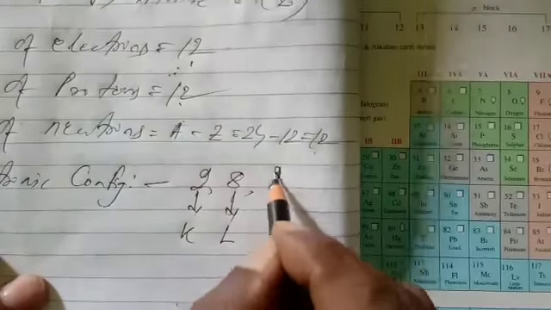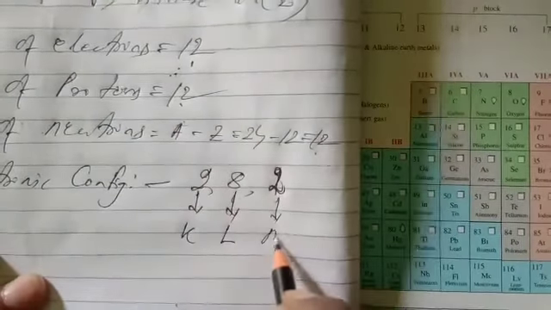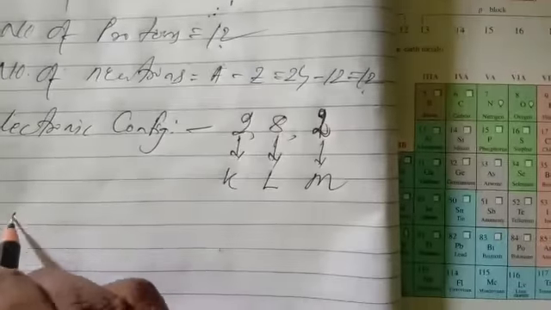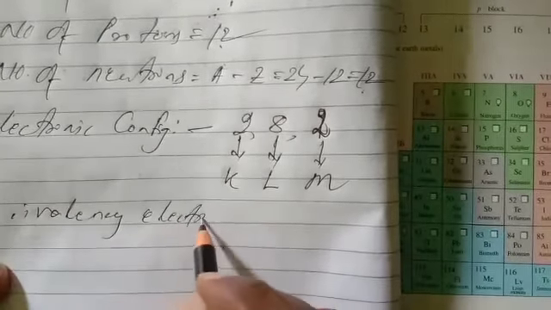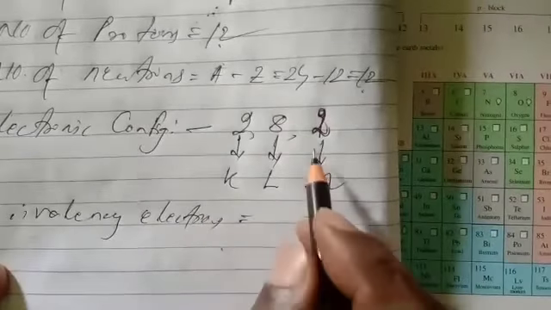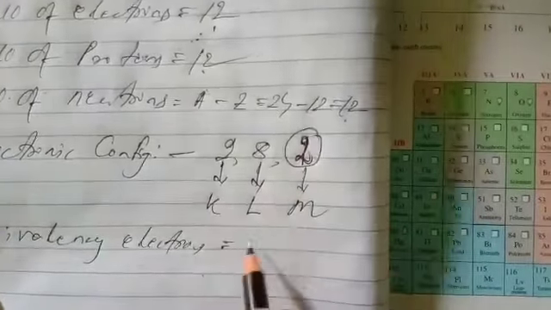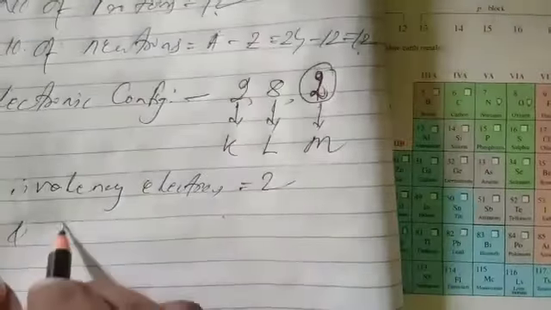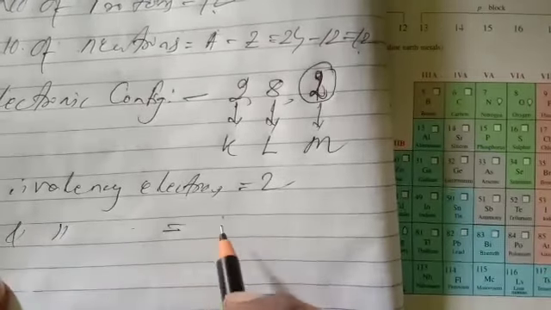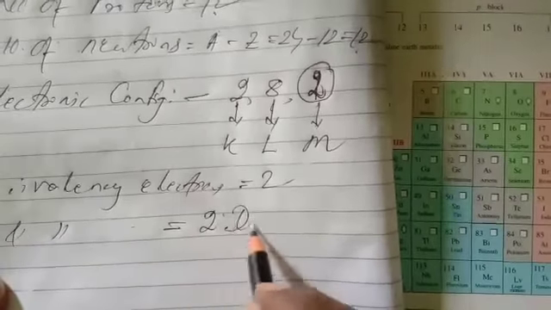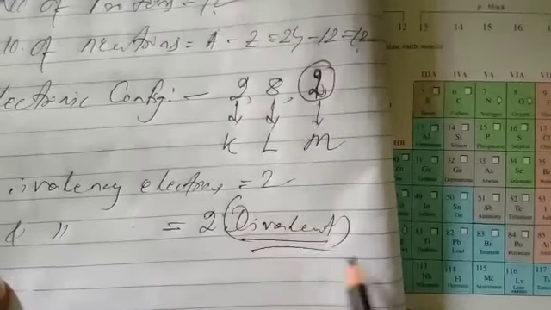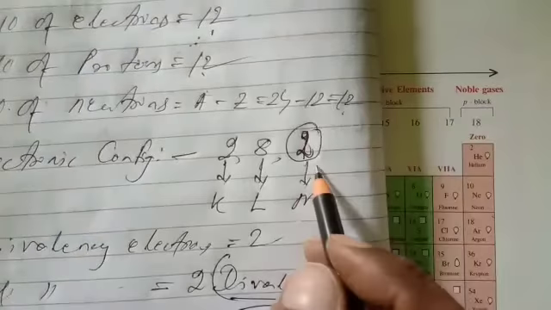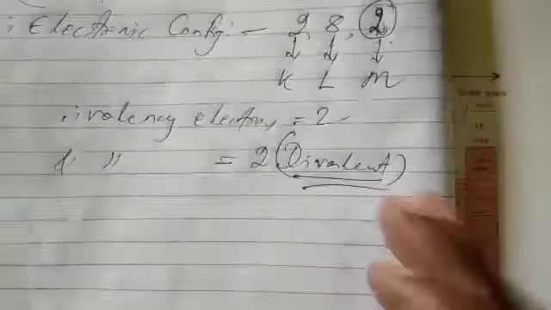The last shell will have 2 because 12 minus 10 is 2. The valence electrons will be how much? Valence electrons, last shell contains how many electrons? 2 electrons. Therefore valence electrons equal to 2. And valency will be how much? Valency 2, that is divalent. Divalent means 2. One more thing, it is clear that last shell contains 2, which is less than 4, so it is a metal, no doubt.